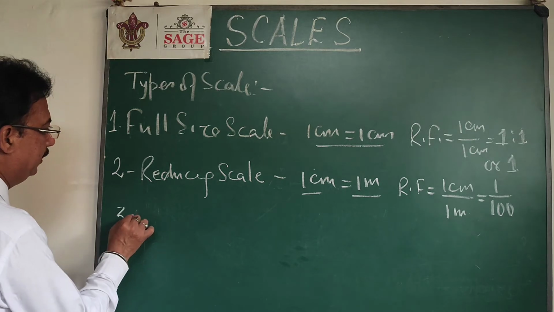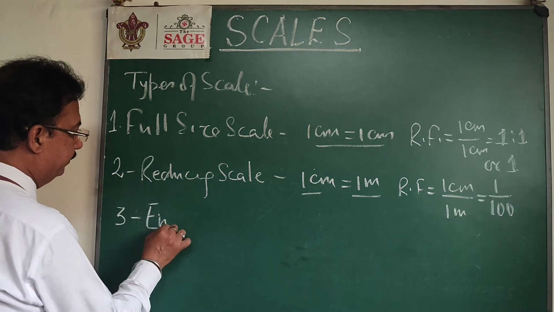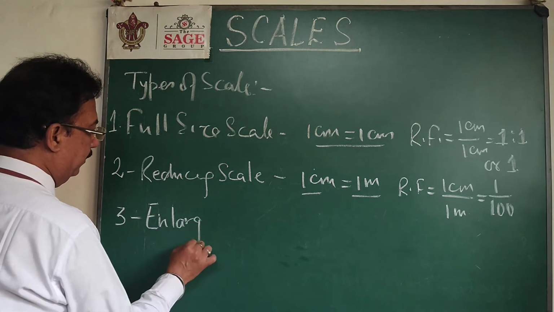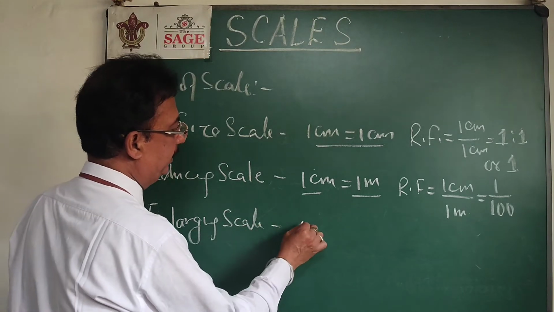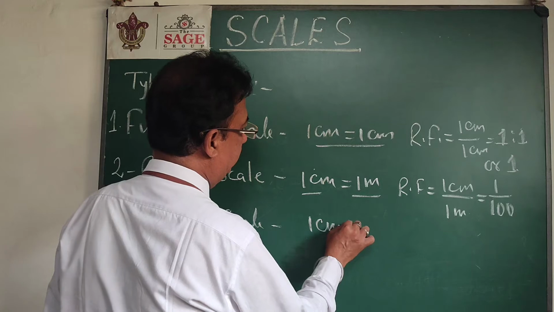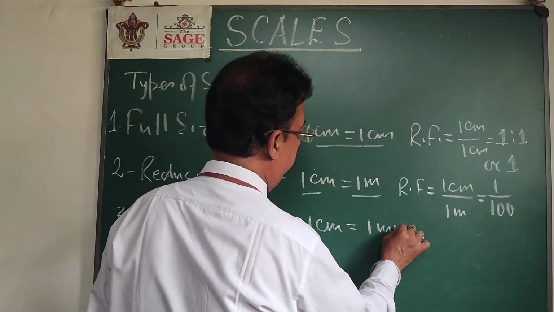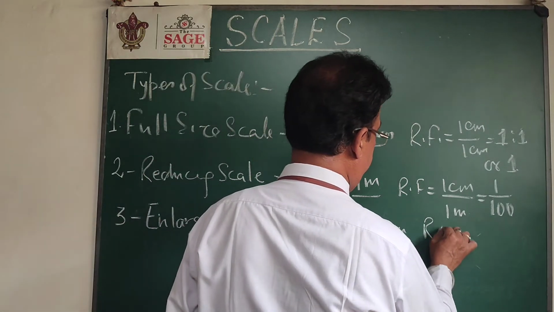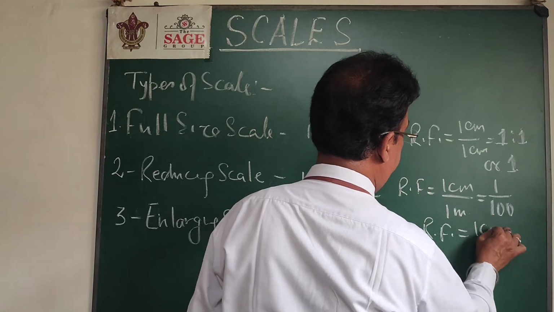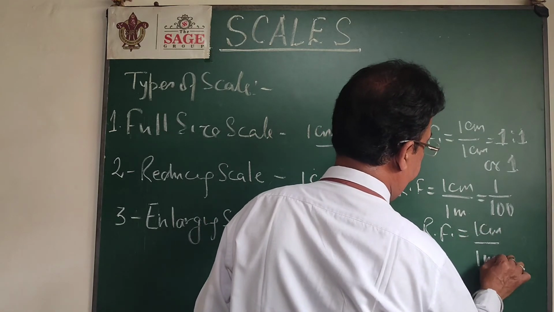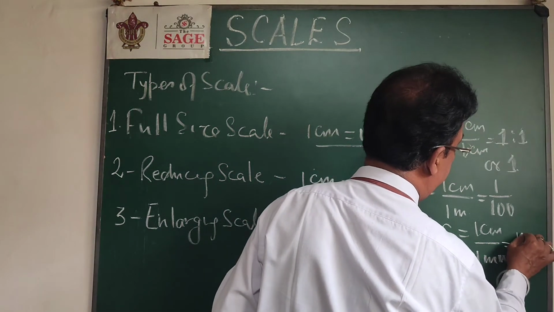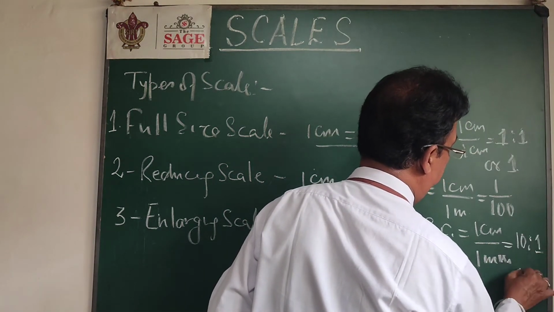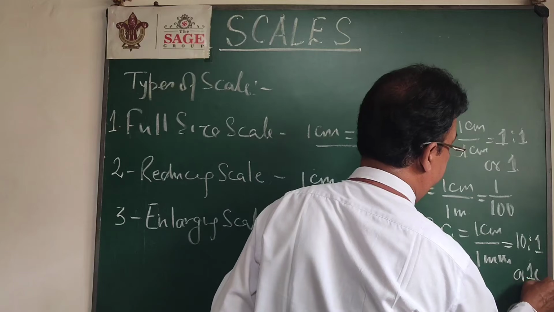Third type of scale, that is enlarging scale. For enlarging scale, if I take an example, 1 centimeter equals 1 millimeter, then RF for this will be 1 centimeter divided by 1 mm. 1 centimeter equals 10 mm, so that is 10 is to 1, or you can say 10.